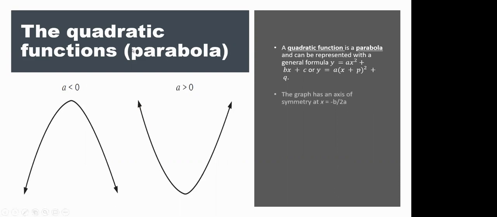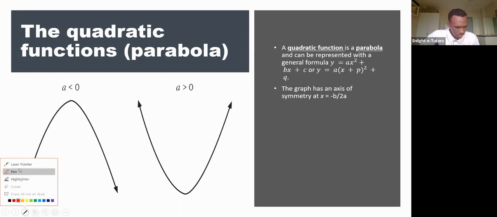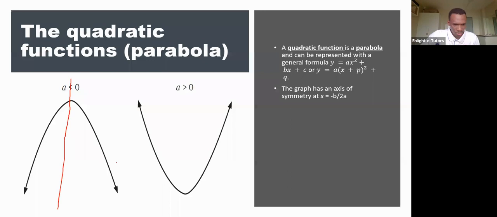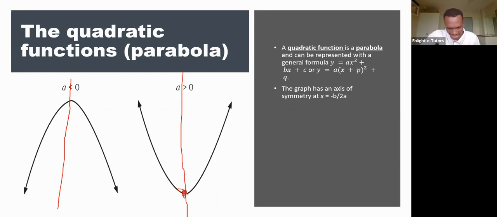Okay. So the axis of symmetry is just when you separate your graph into half. Which means it's going to be this point here, that x-axis value.